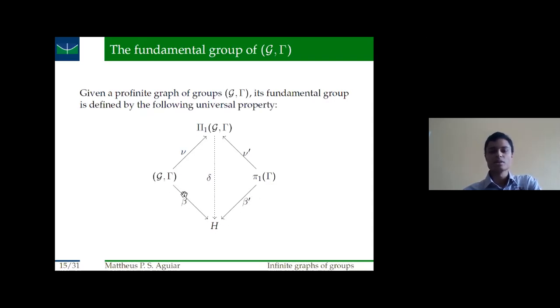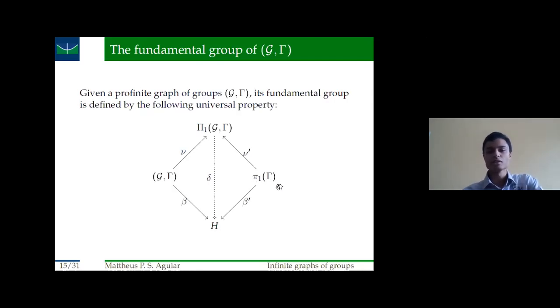So these maps are defined based on sections and zero sections and a lot of technical things, but the idea here is that we have a map from the graph of groups to this group. It's a morphism of sheaves related to this group. And here it's the fundamental group of the profinite graph.